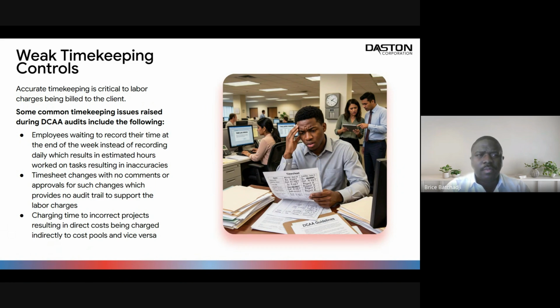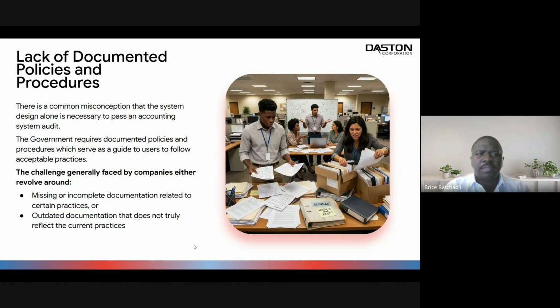On the next slide is really just the findings that generally occur around missing policies and procedures. And there are actually two items. At times, it's really just the lack of any sort of policies in place. And then at times you have some companies who might have policies in place, but the policies are outdated, right?